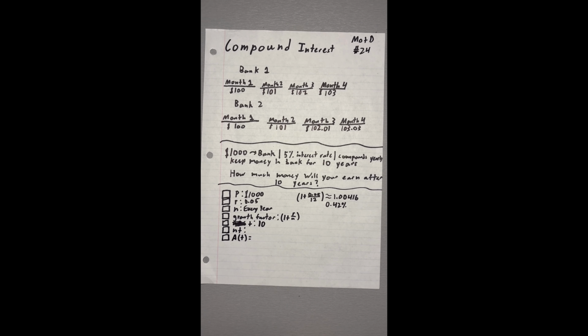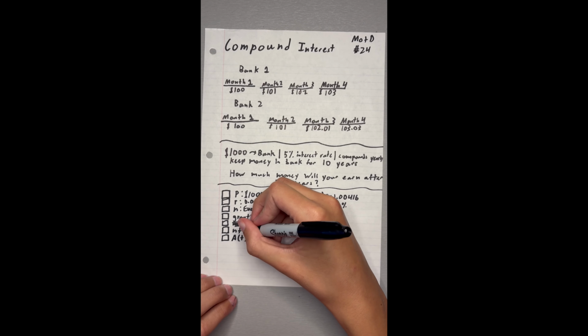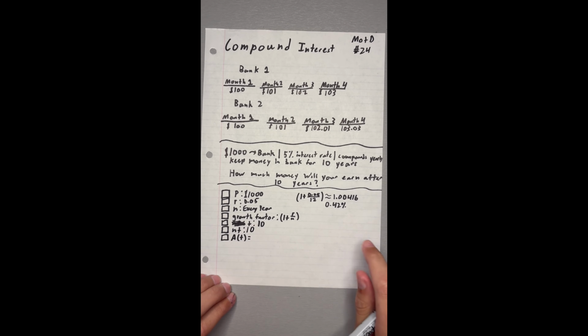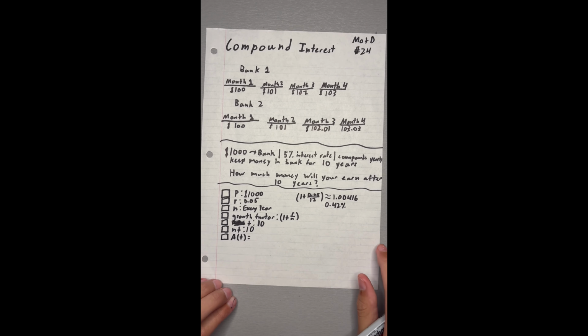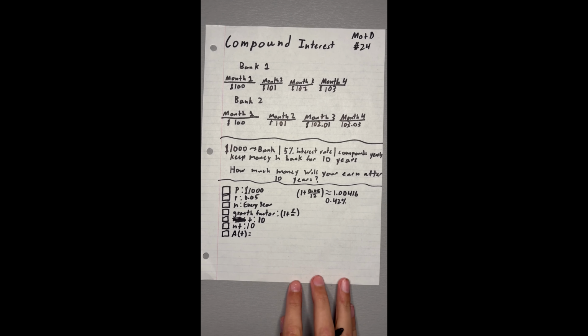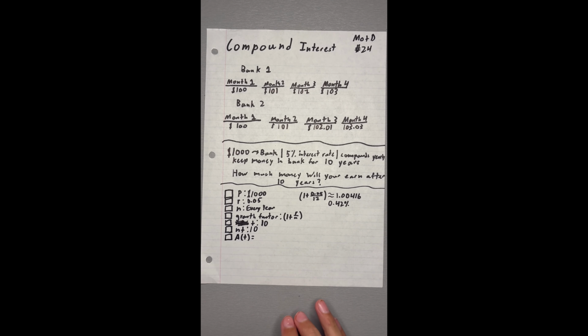To figure out how many times we compound over 10 years, we multiply how many times our money is compounded over a year, which is 1, by our total time, which is 10. So NT would just be 1 times 10, so we still have 10. This means we will compound our money 10 times over the whole time span.